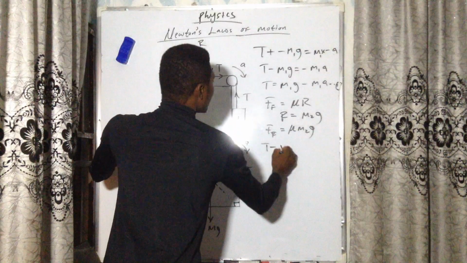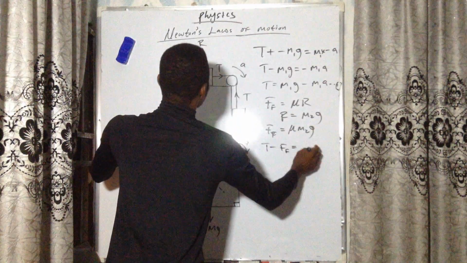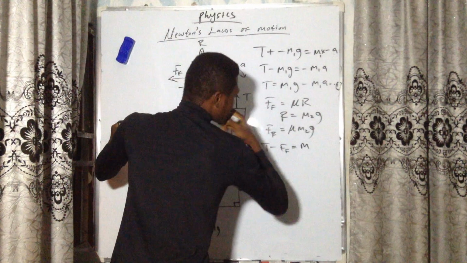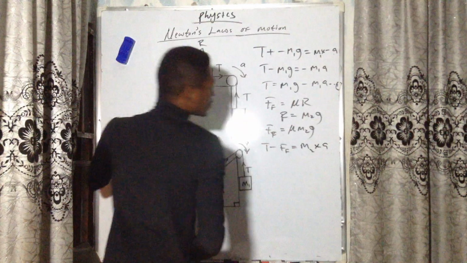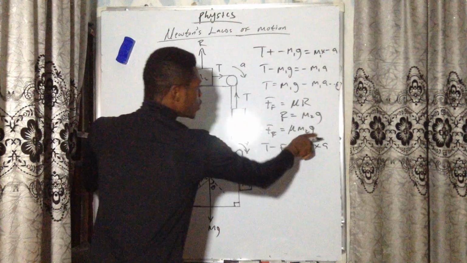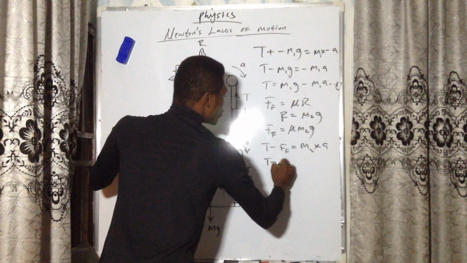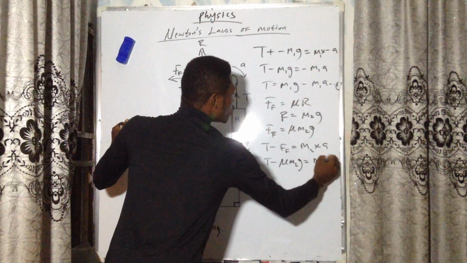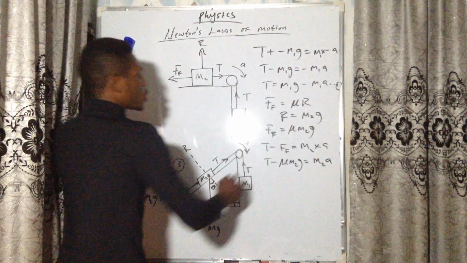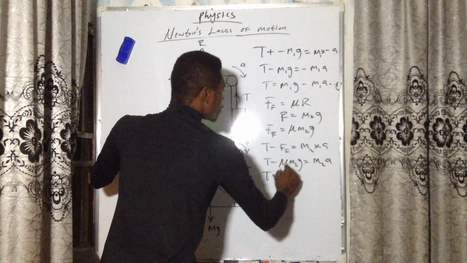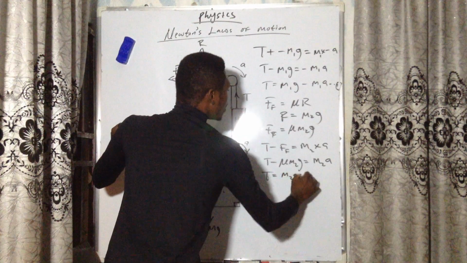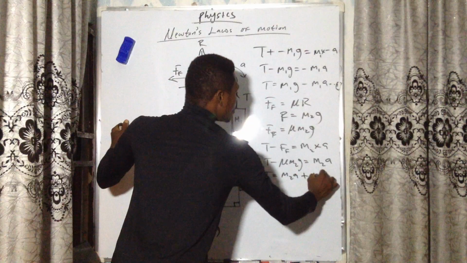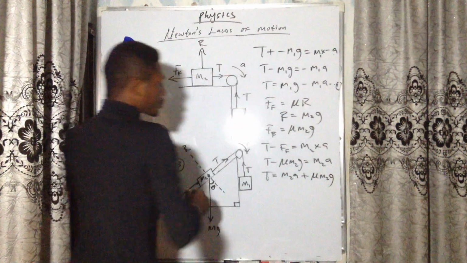T minus FF is equal to mass times acceleration, that is M2 times A. So FF is mu M2G, so T minus mu M2G is equal to M2A. Therefore T is equal to M2A plus mu M2G.